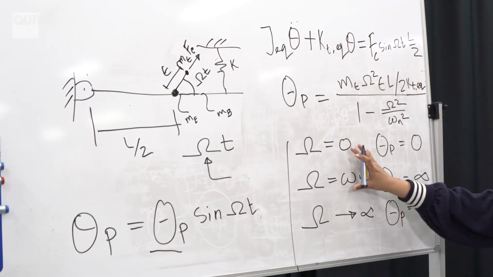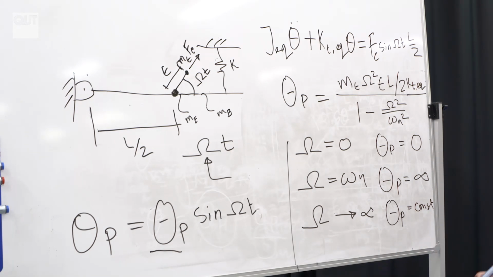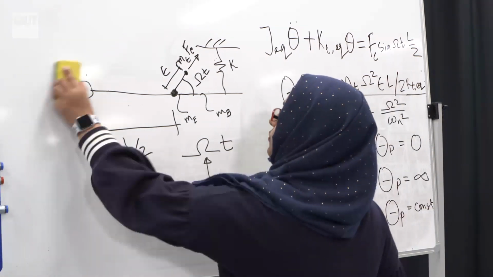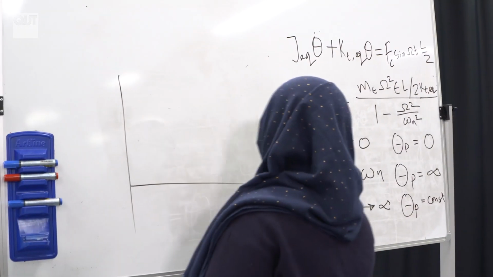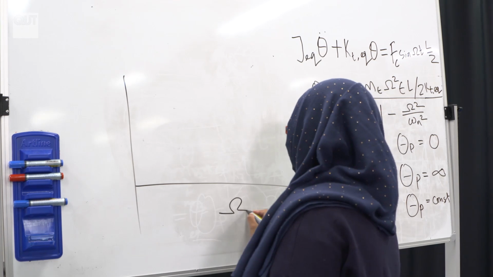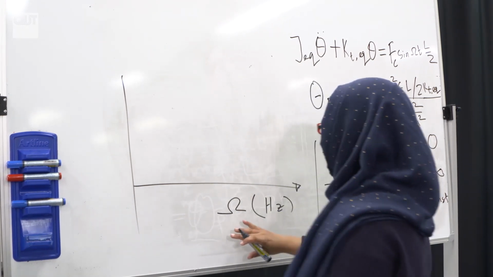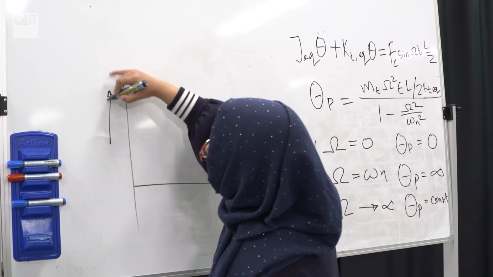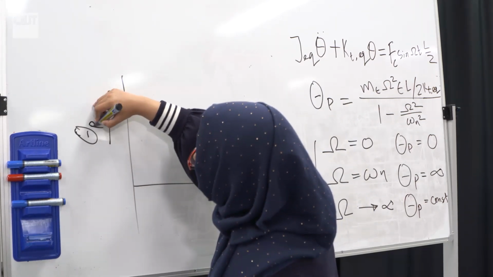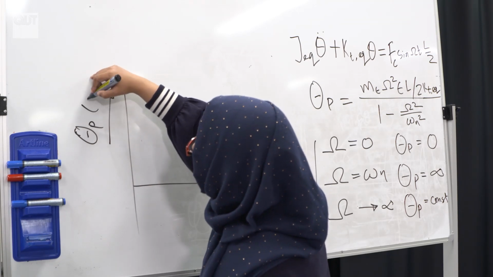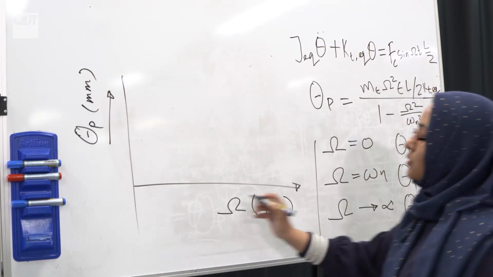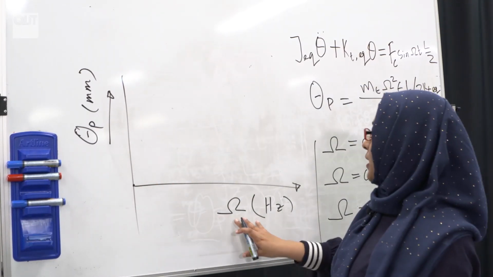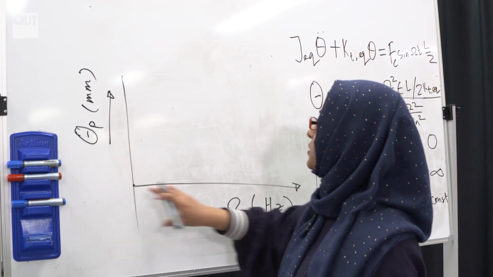Okay. So, if we have these 3 values, let us try to draw this diagram theoretically. This is capital omega in hertz, the force frequency, and this is the amplitude of the particular solution, capital theta p, in let us say millimeters. Considering this bit, at 0 omega, theta p is 0.